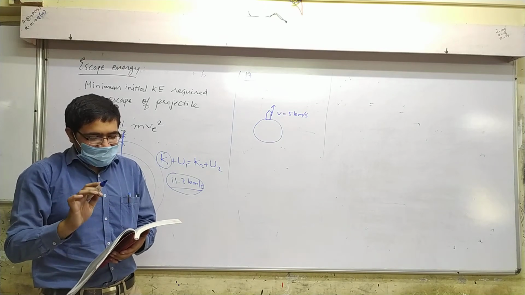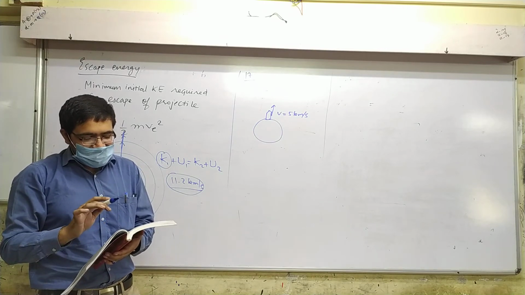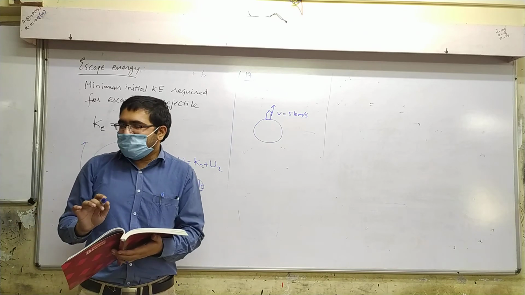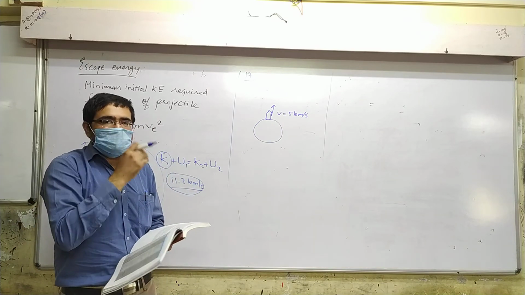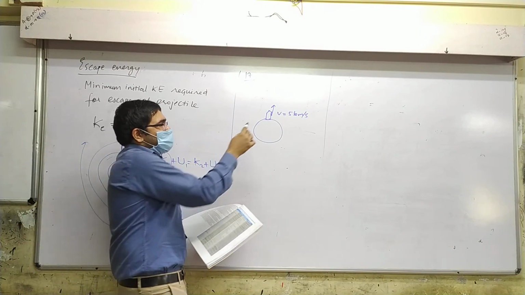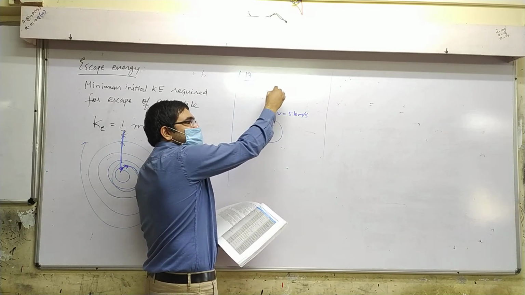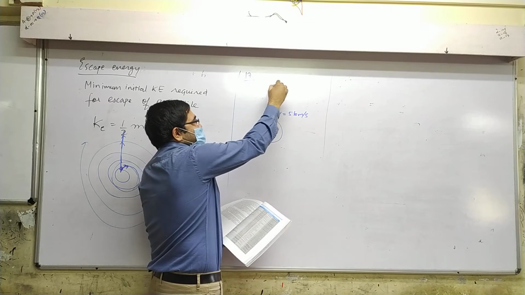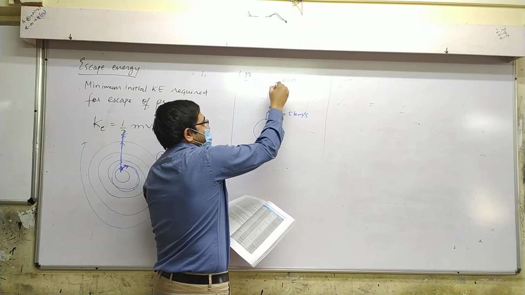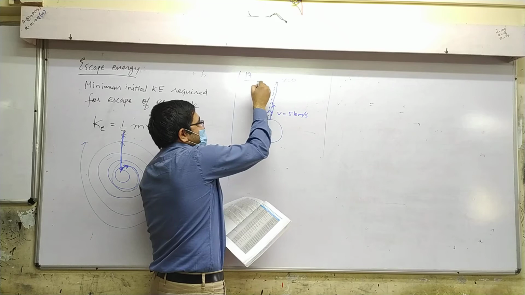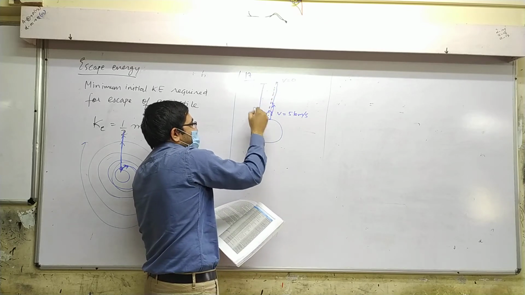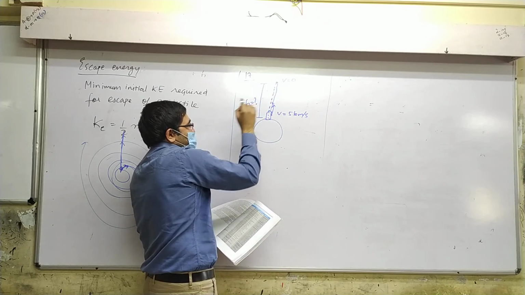How far from the Earth does the rocket go before returning to the Earth? Can you imagine what this will do? It will go straight up and then at the highest point the speed will become 0 and then it will come back. So we have to find how far it will go from Earth's surface. So you can find height.